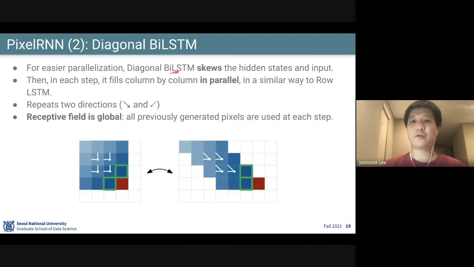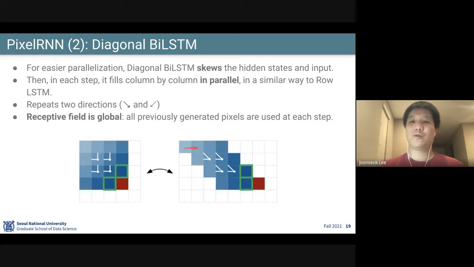They use some tricks to skew the hidden states. Logically, to learn about this part, they refer to the right above and the right left, like this. But because these two are not consecutive, it's harder to code or parallelize them.